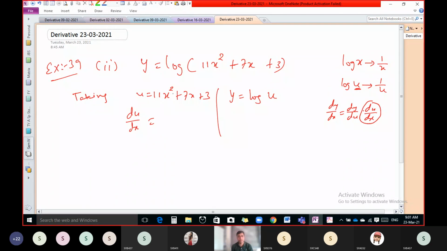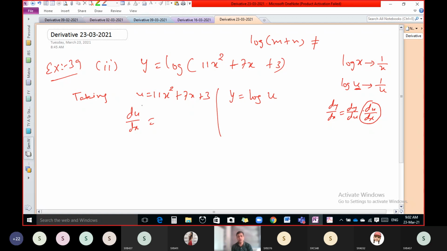One more thing: for the logarithm of m plus n, if there is a plus sign in the bracket, then simplification is not possible. If it is multiplication or division in the bracket, then simplification is possible. So right now for this question, simplification is not possible. That is why we have to consider this as a function u.